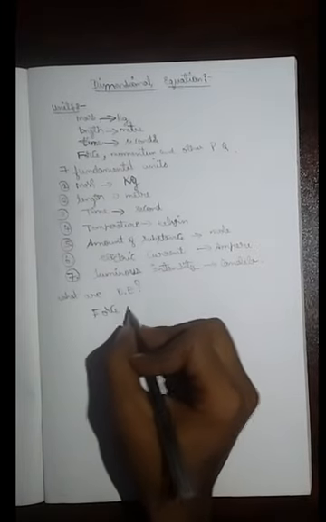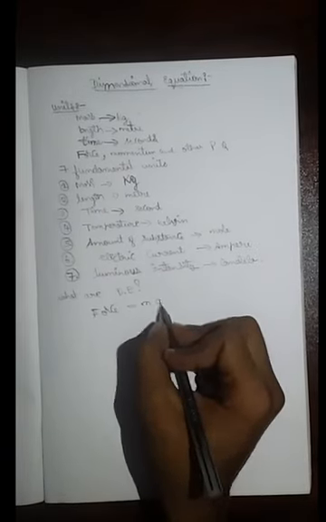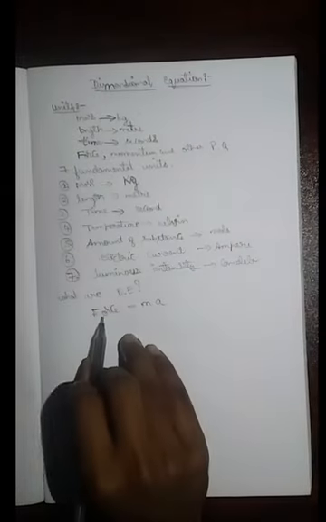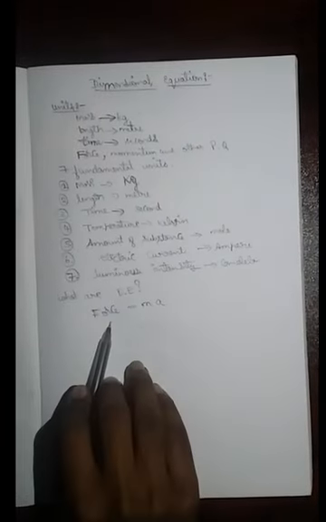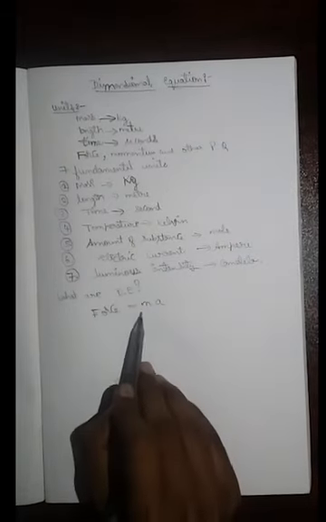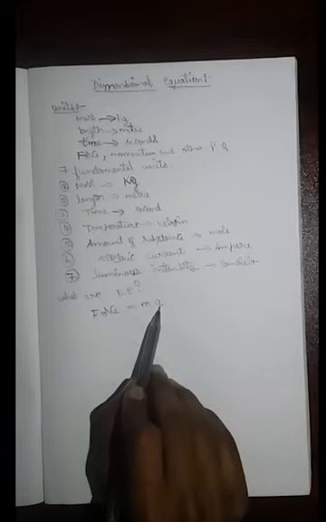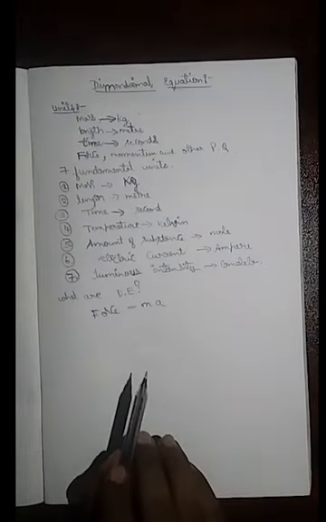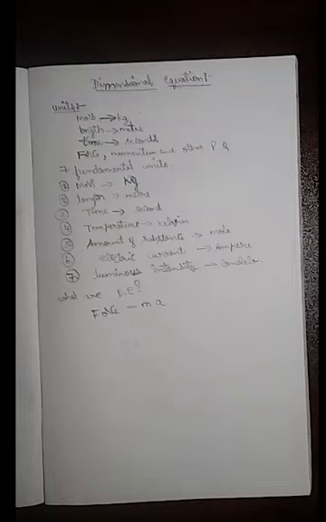Force, we know the formula, mass and acceleration, but do you know how it is dependent on length and time? We can clearly see it is dependent on mass directly, but we don't know how it is related to length and time.